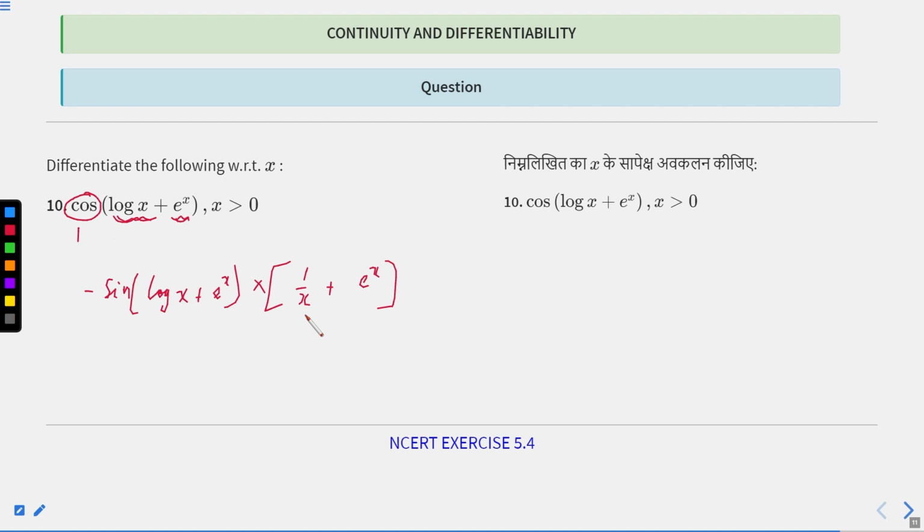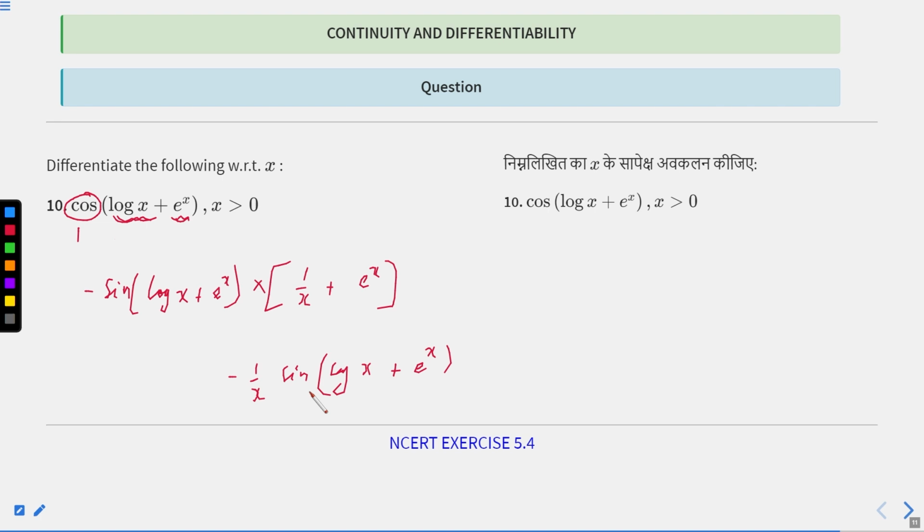So if you simplify, let me just show you. It will be minus 1 by x sine log x plus e^x. Okay, this will be like this. Simple, very easy.